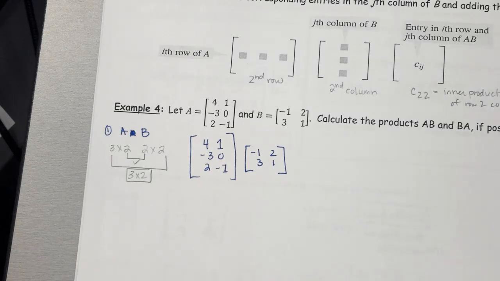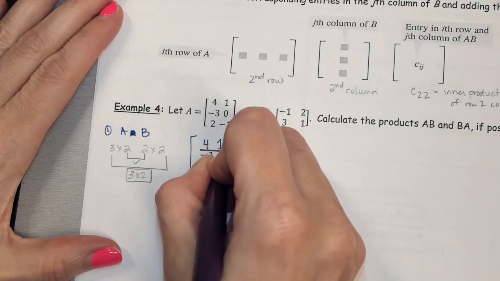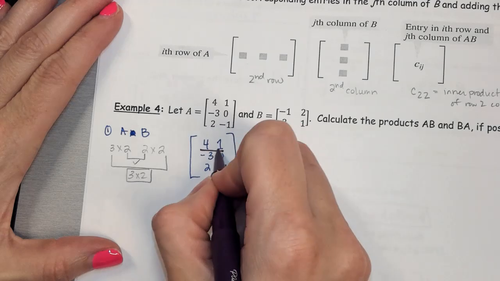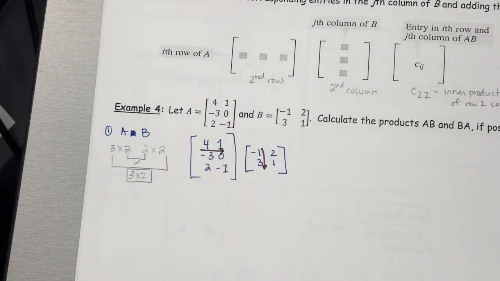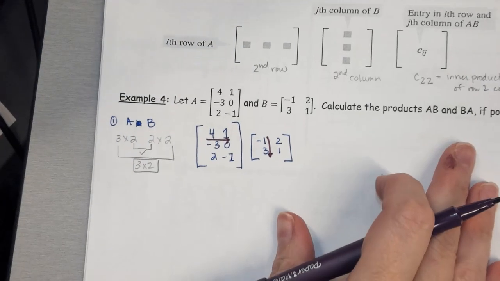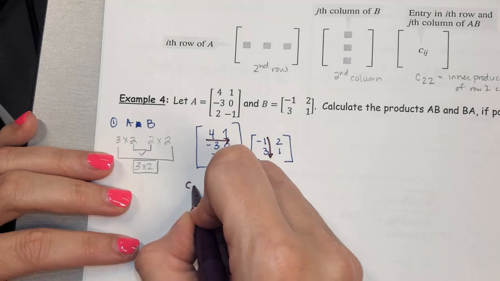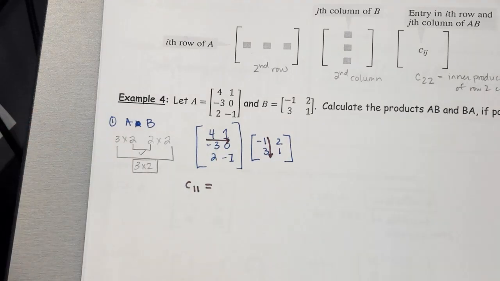So the first thing we're going to do is we are going to multiply the first row by the first column. So it's first row, first column. So if we're doing first row, first column, we're finding C11. That's the result.